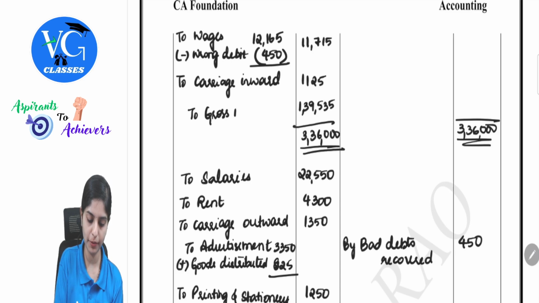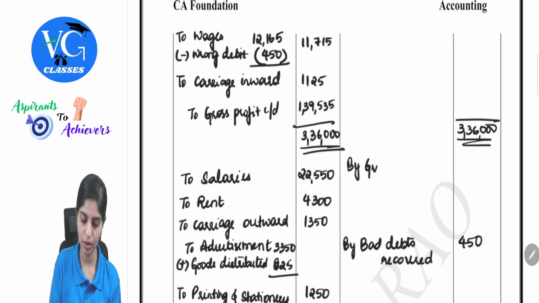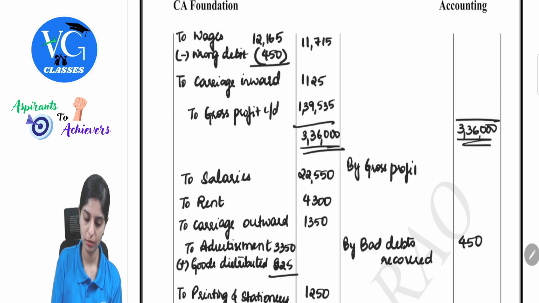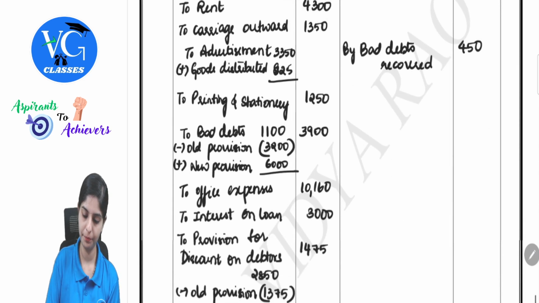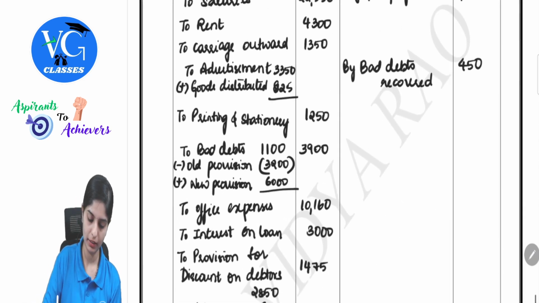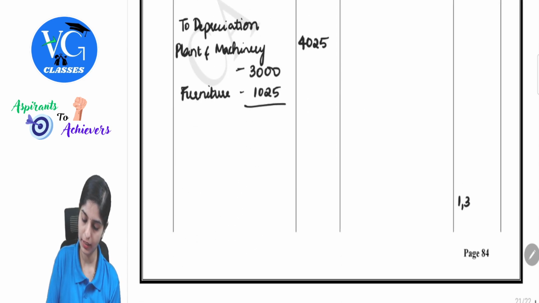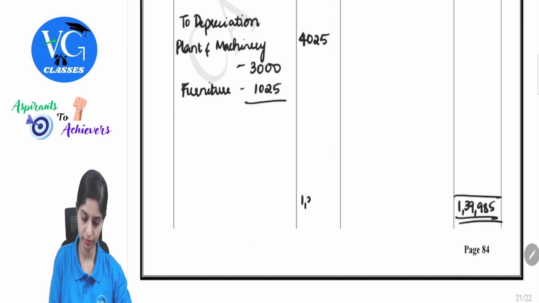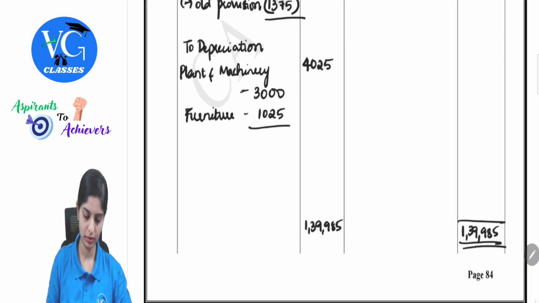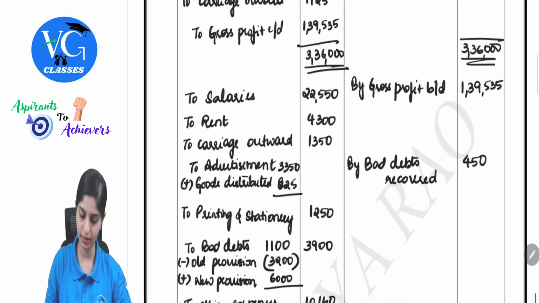To gross profit carried down, by gross profit brought down, 1,39,535 plus 450. That will be 139,985. Let's observe. Minus 22,550 minus 4,300 minus 1,350. Just a minute, we have not taken the advertisement total here.